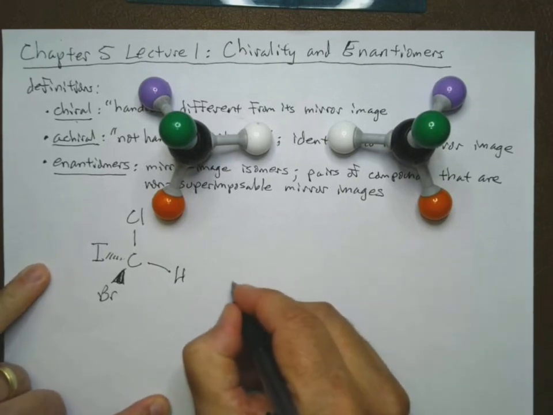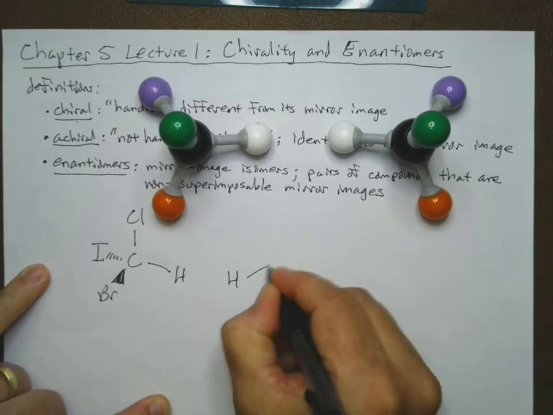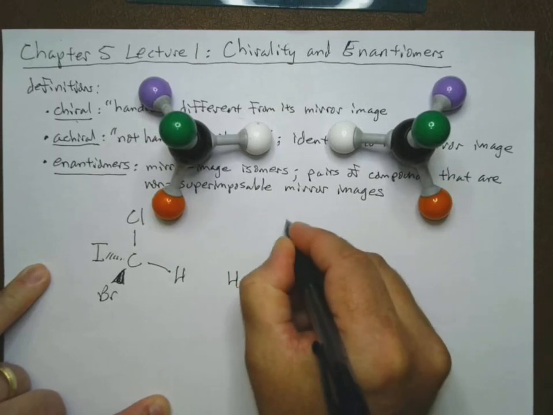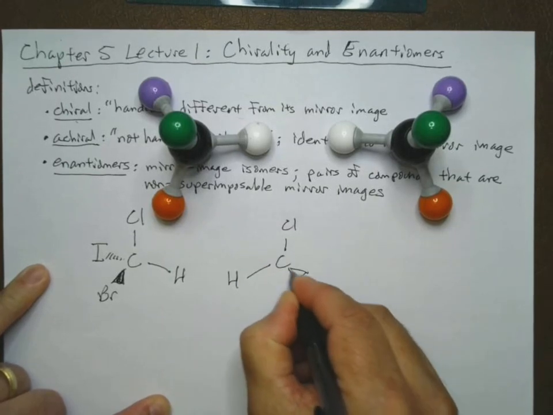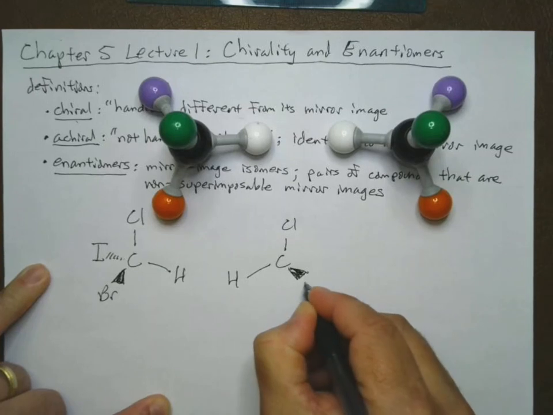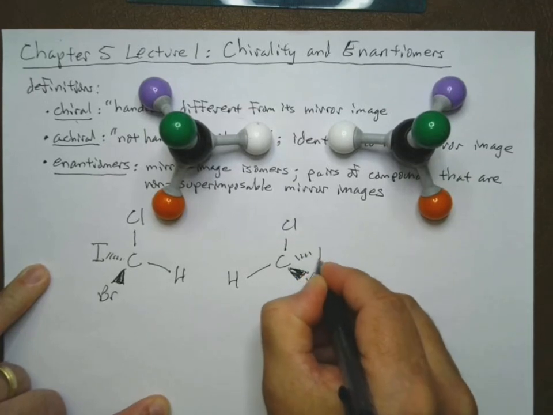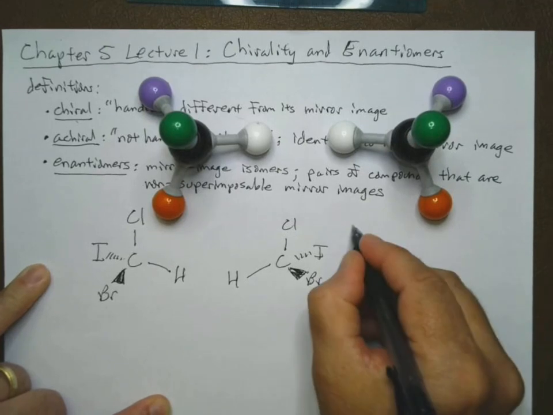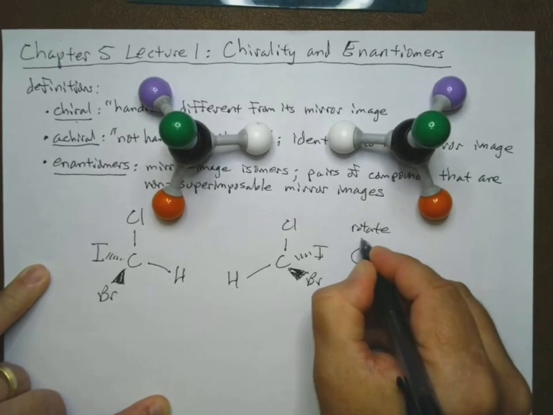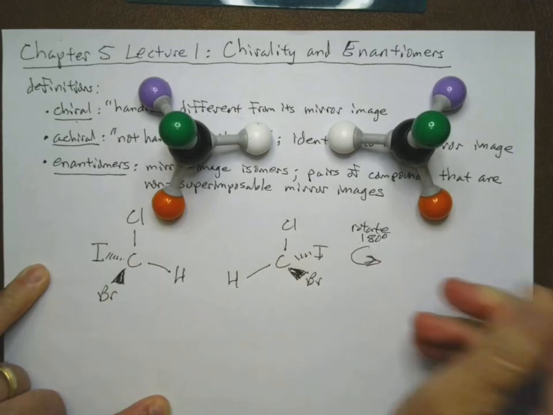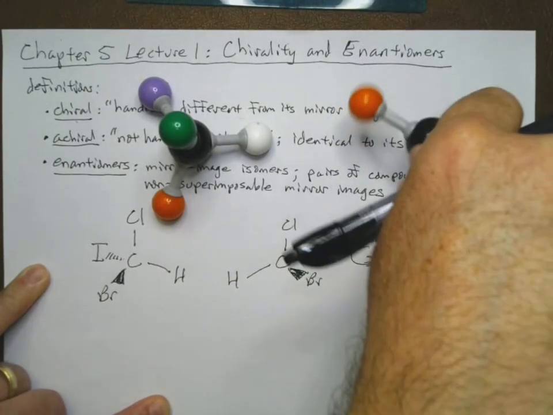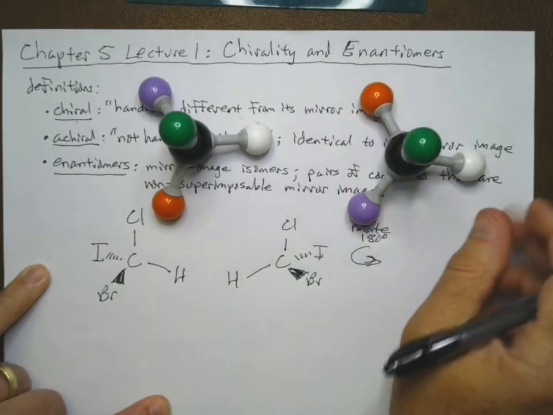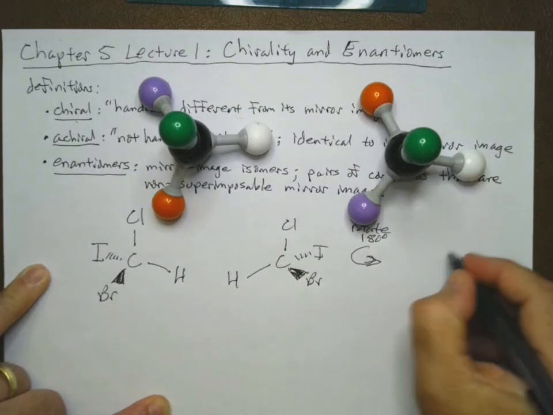So what would that look like? Well, I could draw it like this. Now I'm going to rotate this molecule 180 degrees, and I'll draw that.